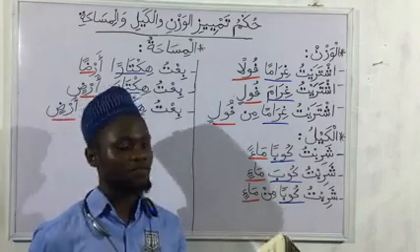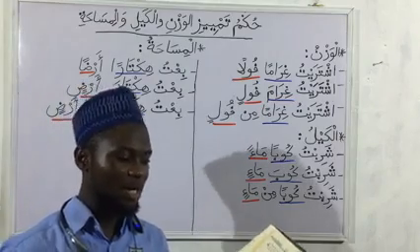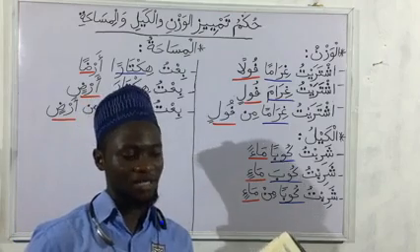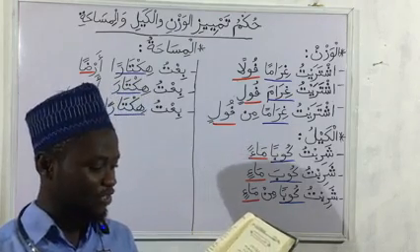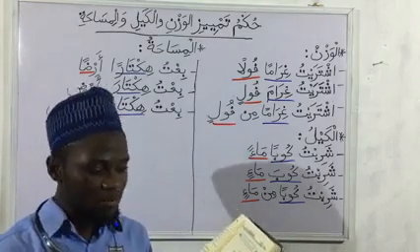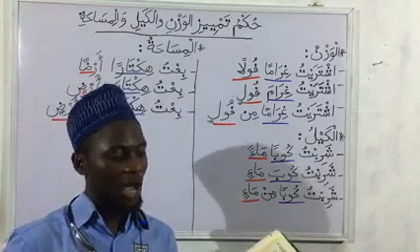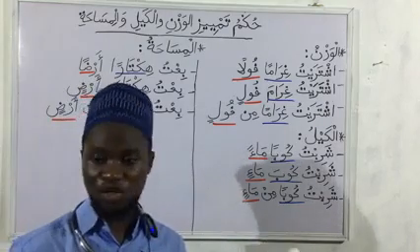Then the examples we have: the first one, sharibtu ritlan labanan, aw ritla labanin, aw ritlan min labanin. So these are the three forms of i'rab that are permissible for the tamiz. The first one is the nasbu state.